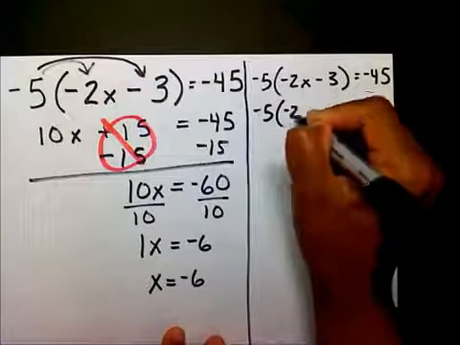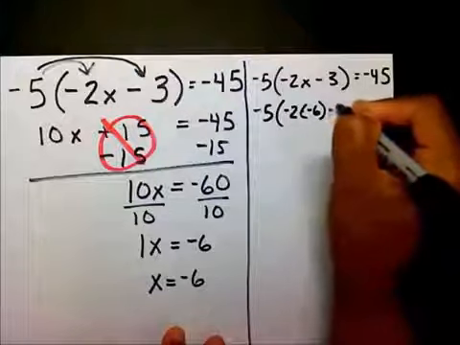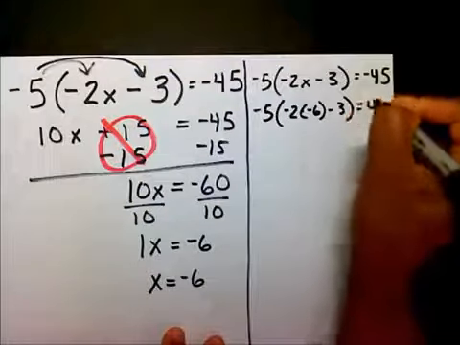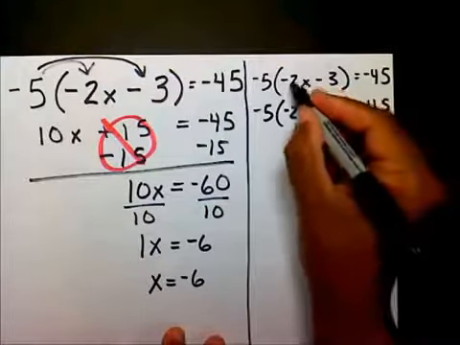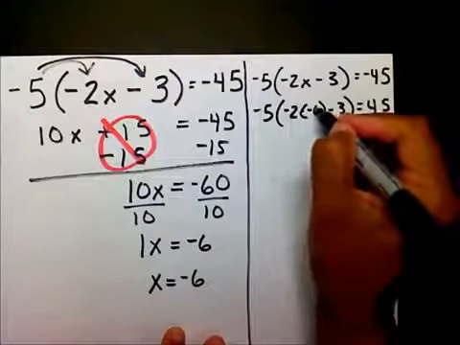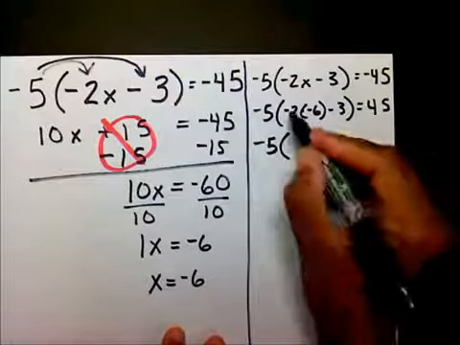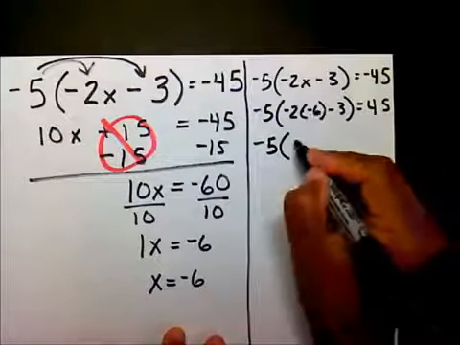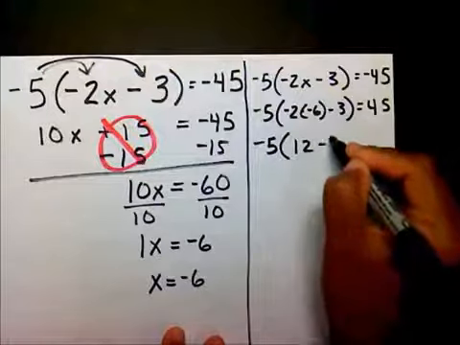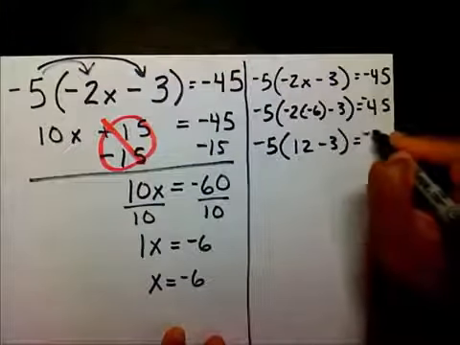And that negative 6 is being multiplied by the negative 2. That's negative 2 times x, so that's negative 2 times negative 6. Negative 2 times negative 6 is positive 12 minus 3 equals negative 45.